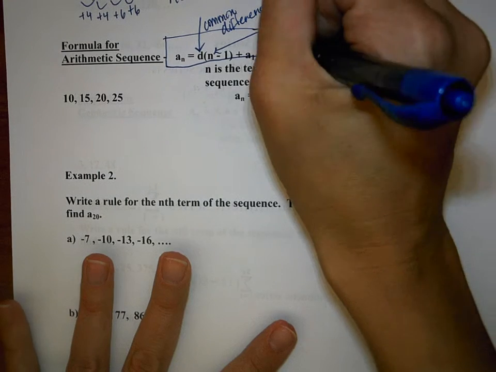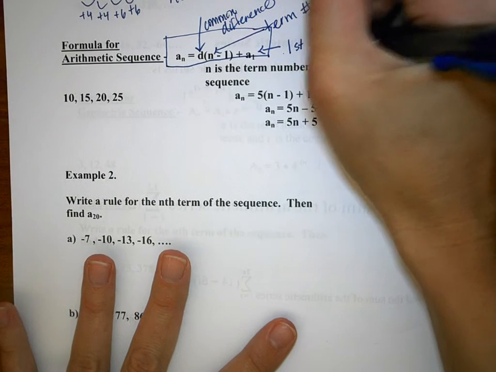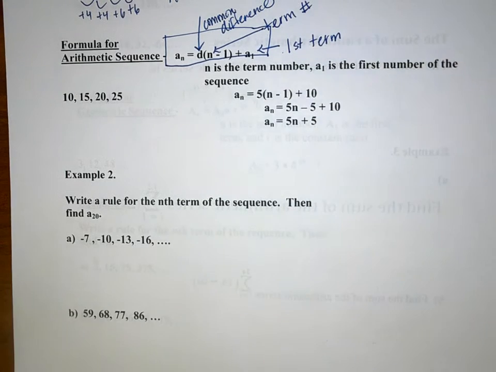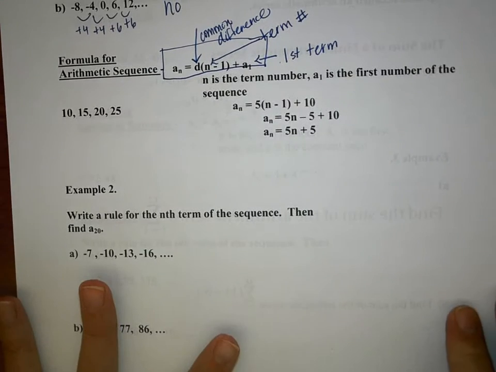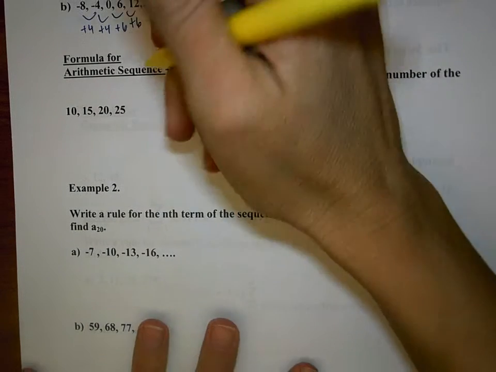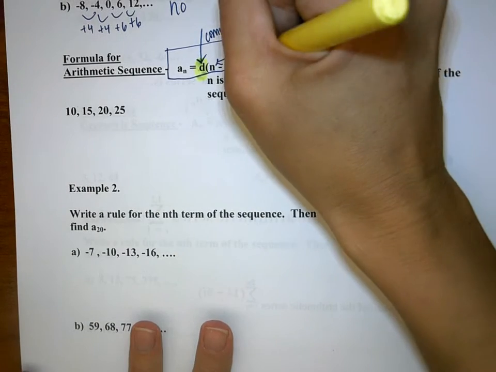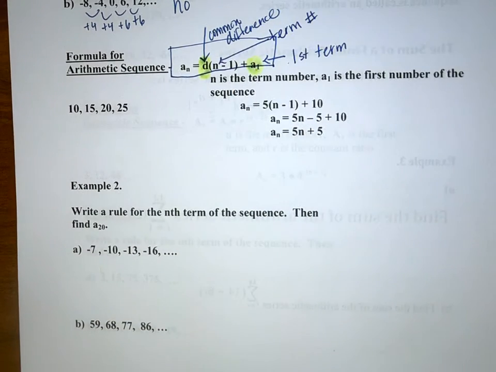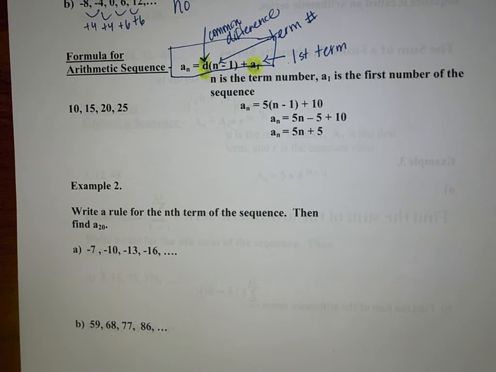Okay, and then a sub 1 is your first term. When you are trying to find your equation, you need to know your D value and your first term value. And then the rest of it will simplify to give you your formula.